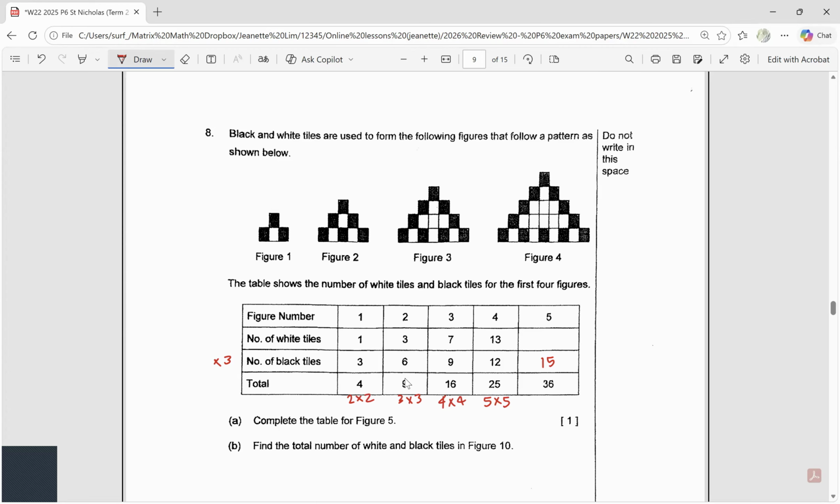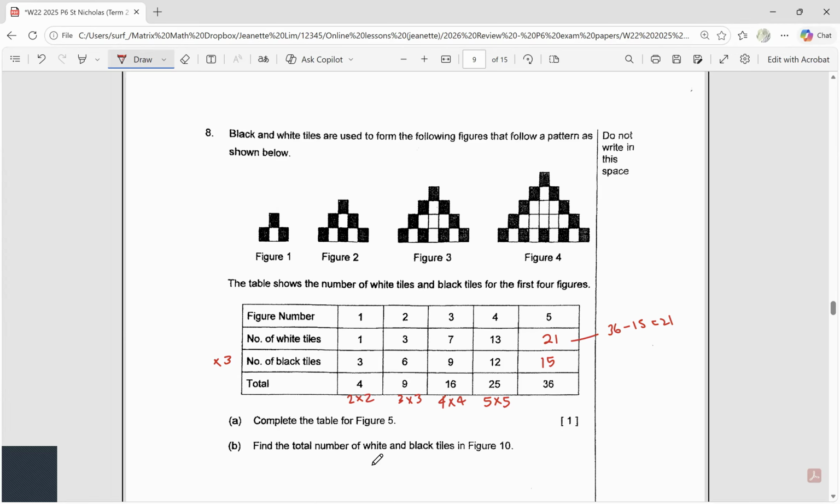To find the number of white, just take total minus black. So this is 36 minus 15, which is 21. This is your part a.